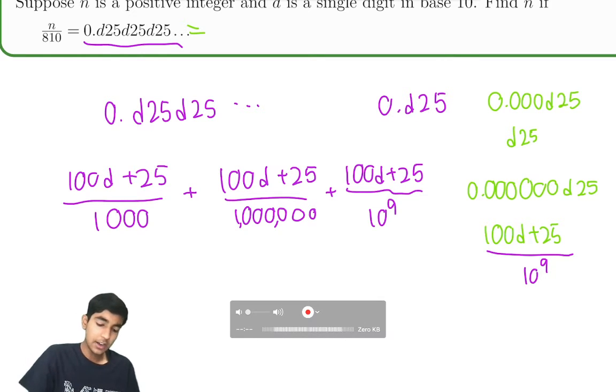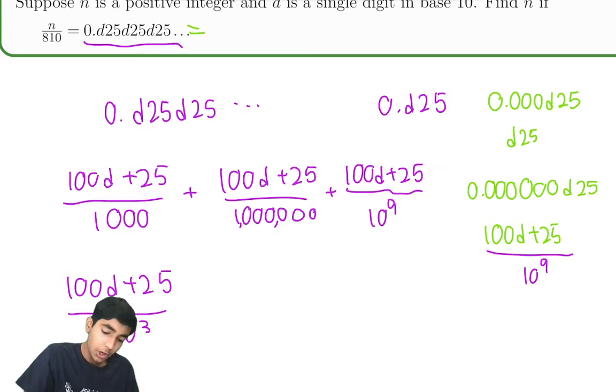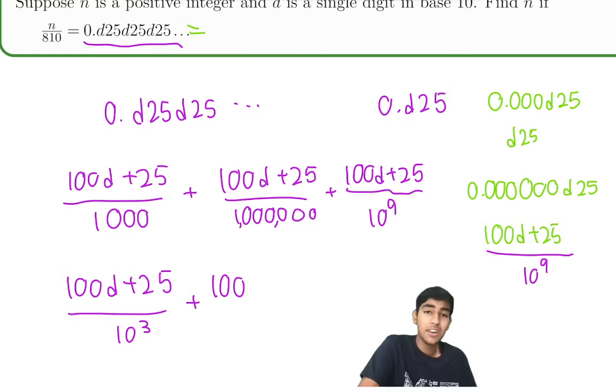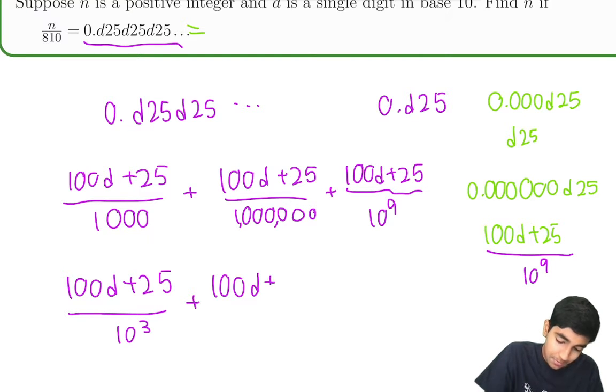Let's first write 100D plus 25 over 1,000 as 10 to the 3 because that's a little bit easier to deal with. It's much easier to say 10 to the 12 than saying 1,000,000,000,000, if that makes sense. So that's why we're going to convert it to power notation.